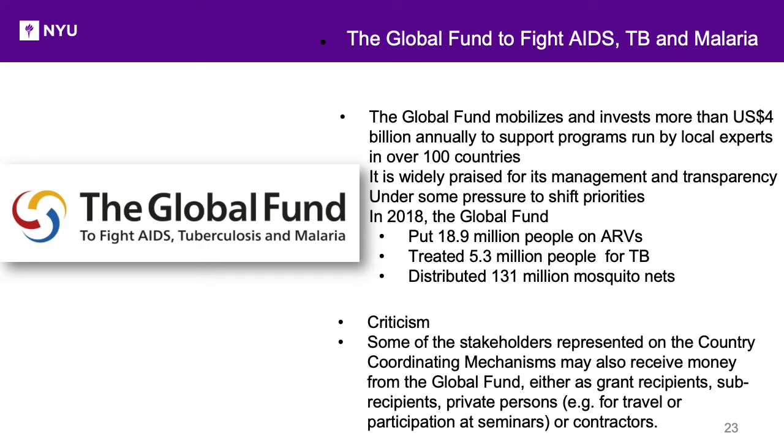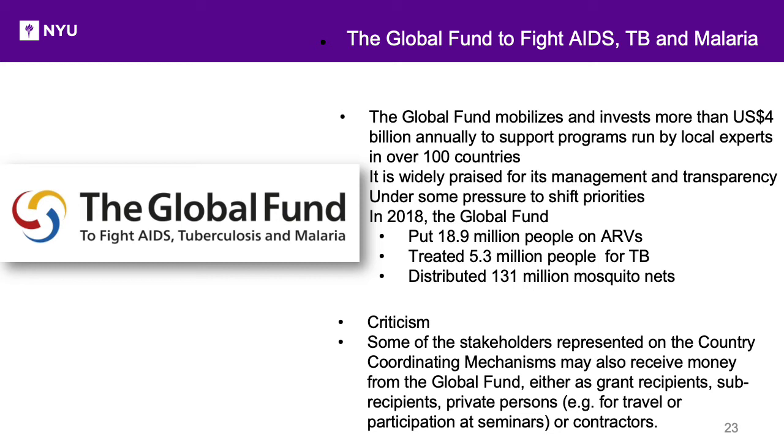So in the previous slides, you've seen that the U.S. allocates some of its money toward the Global Fund. And the Global Fund's full name is the Global Fund to Fight AIDS, Tuberculosis, and Malaria. The Global Fund mobilizes and invests more than $4 billion annually to support programs run by local experts in over 100 countries, and is widely praised for its management and transparency in terms of shifting its priorities.